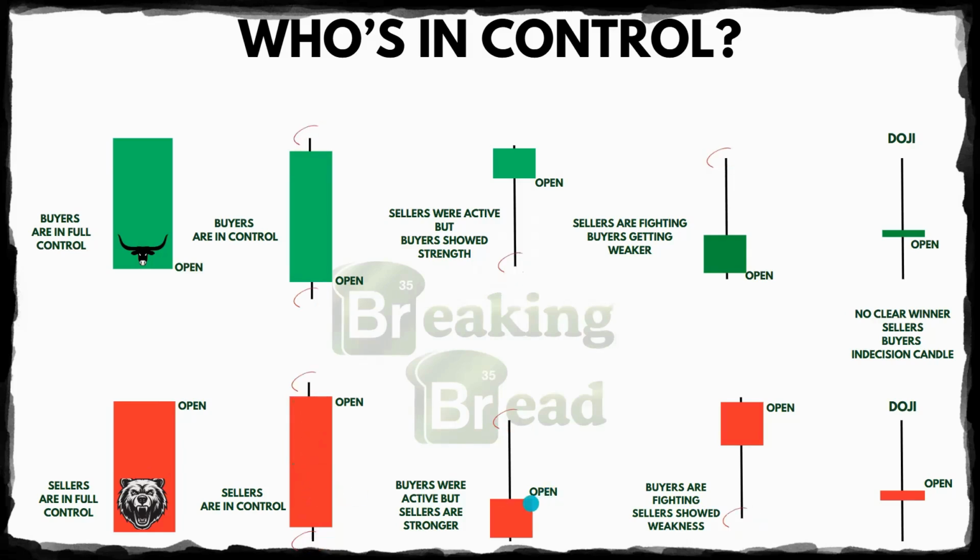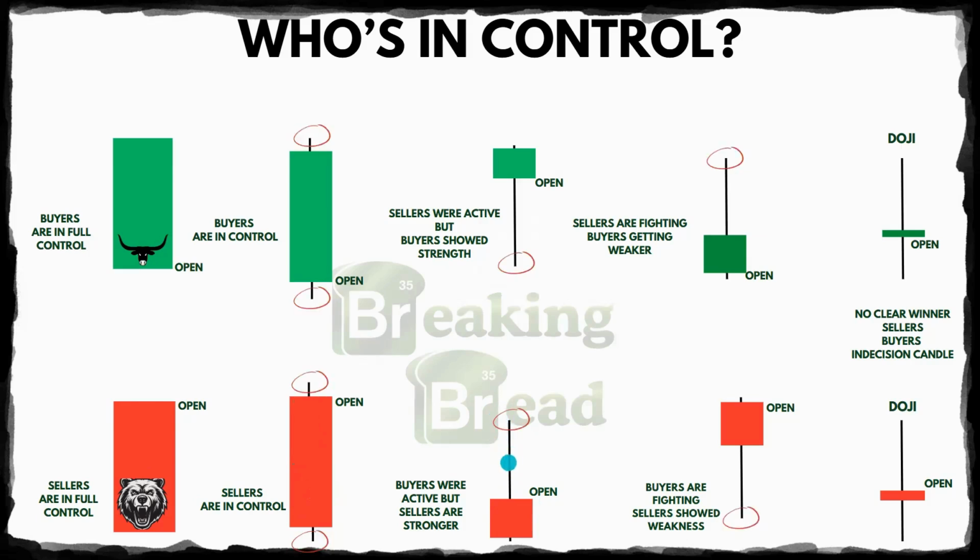This candle here is telling you buyers were active, but sellers were just a little bit stronger, right? So we open at the top of the body, we push to the highest point. Just envision from this open to the highest point of this wick that this was a full green candle before a seller stepped in and said, nope, that's too high of a price. Let's sell that off.